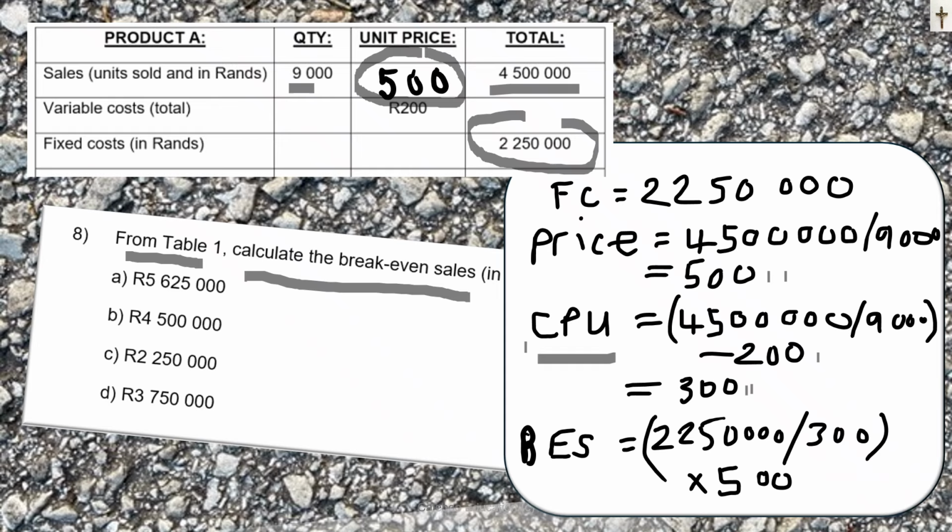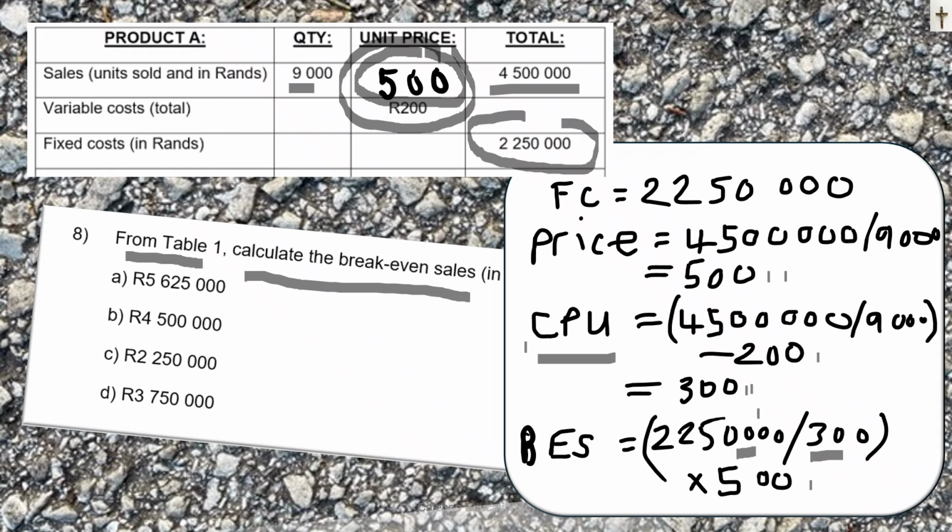And then, once again, I'm using some calculations from the previous example. You've got the fixed cost divided by the contribution per unit, multiplied by the selling price of 500.